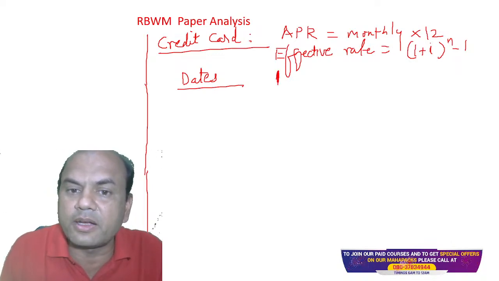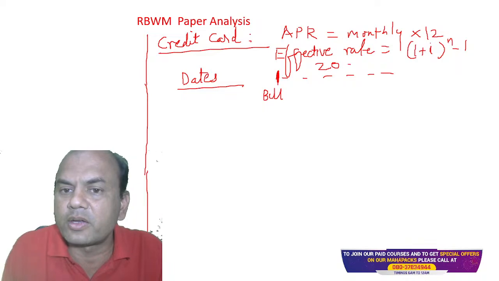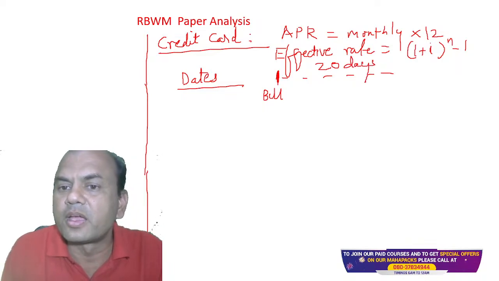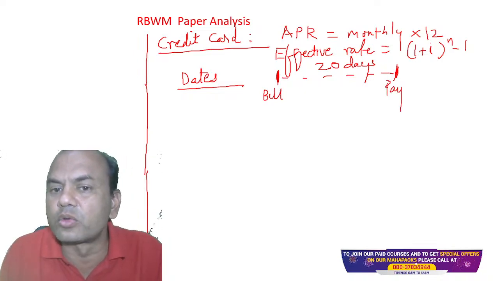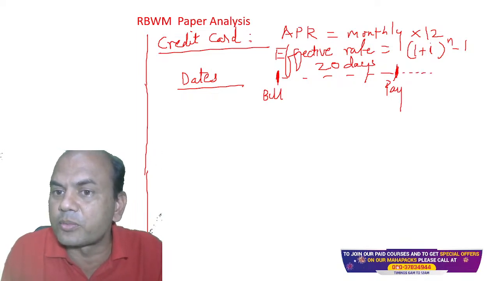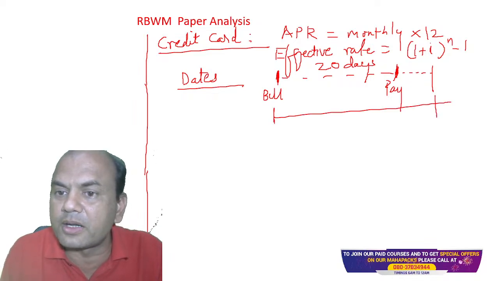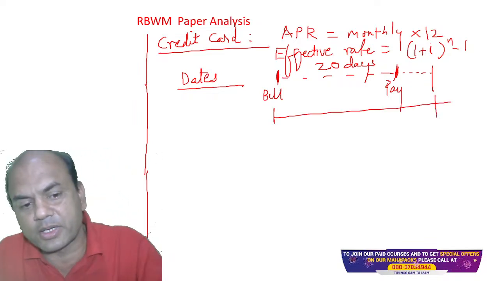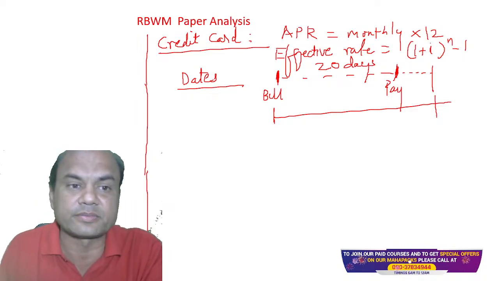Whatever is the billing date, plus you get roughly 20 days free, and then you have to do the payment by the due date. If you pay on this date, there is no interest. But if you miss this date, even if you pay the next day, the interest is charged from the billing date. Complete interest is charged in that case. Remember this.